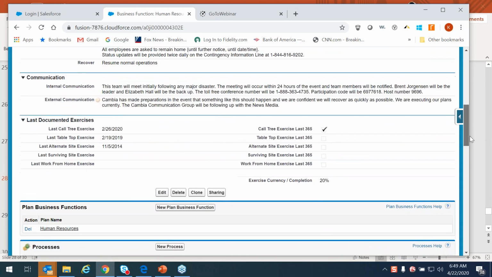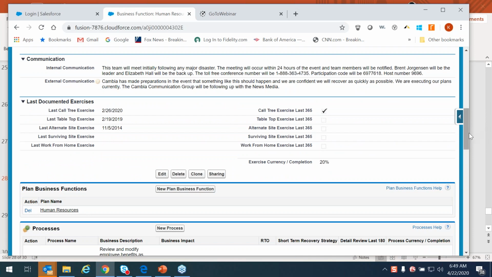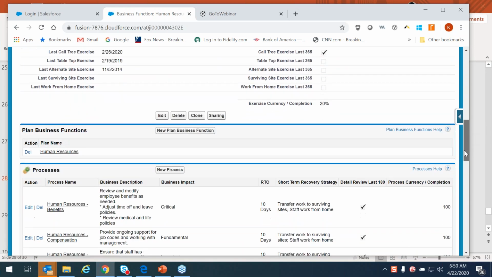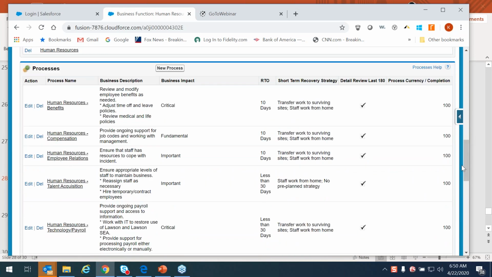Our communication strategies. The last time we did exercises for this business function. And then within this business function, I have a bunch of processes. So I have benefits, compensation, employee relations, talent acquisition, technology payroll, etc. So we do most of our testing at the business function level, but most of our documentation is done at a process level.